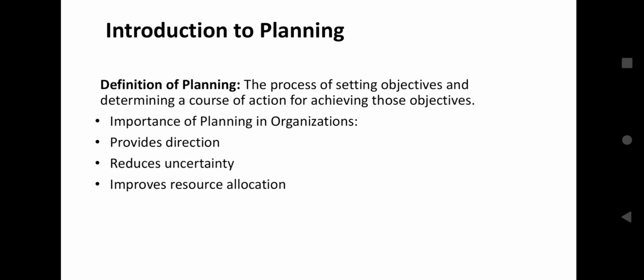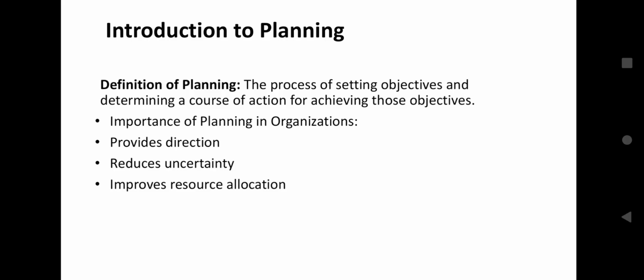Okay, introduction to planning. The definition of planning: the process of setting objectives and determining a course of action for achieving those objectives. The importance of planning in an organization: it provides direction, reduces uncertainty, and improves resource allocation. Before going to the process, we definitely need planning.